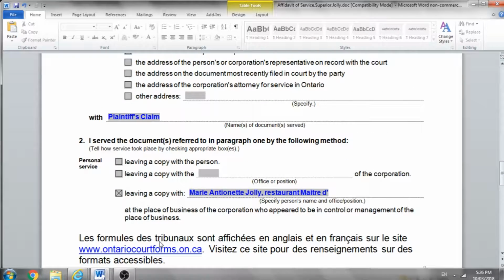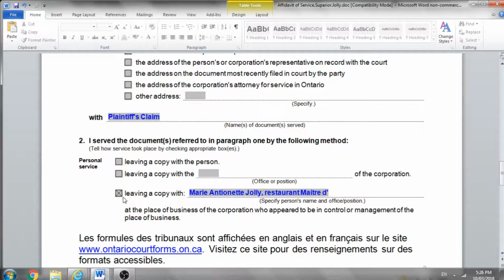Now, because this is a corporation, it's quite common to effect service of a plaintiff's claim by personal service. And because a corporation is just an entity created by statute, we need to have the plaintiff's claim served on a live individual. So in this case, we have to complete paragraph number 2. Ms. Papers is going to be stating, I served the documents referred to in paragraph 1 by the following method.